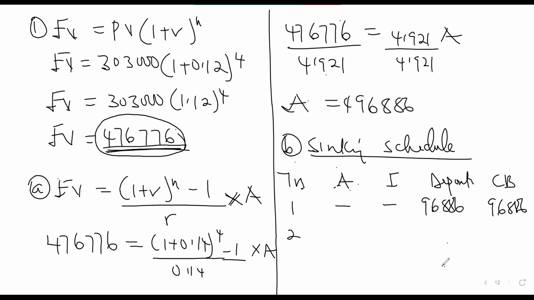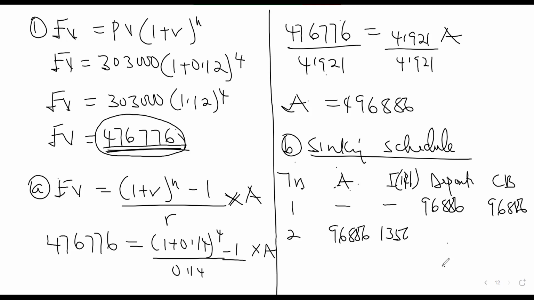Year two, what will be the balance in the account? Would there be a balance at the beginning of the year? Yes, that will be 96,886. What will be the interest for the year? The interest will always be charged on the balance from the beginning to the end. So what will be the interest on this particular amount? 13,564.